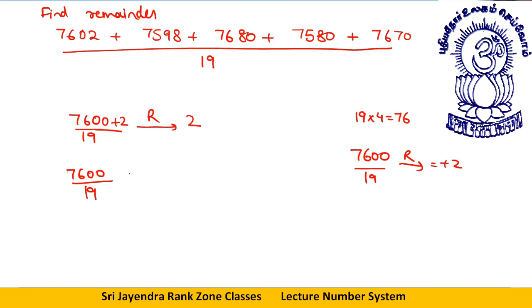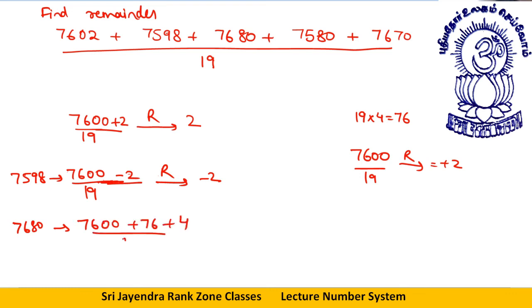Therefore the remainder is 2. Then 7598 is 7600 minus 2, so here the remainder is minus 2. Then comes 7680. I can write 7680 as 7600 plus 76 plus 4. This is fully divisible, so this will give me a remainder of 4. Okay, 7580, let's look at this.